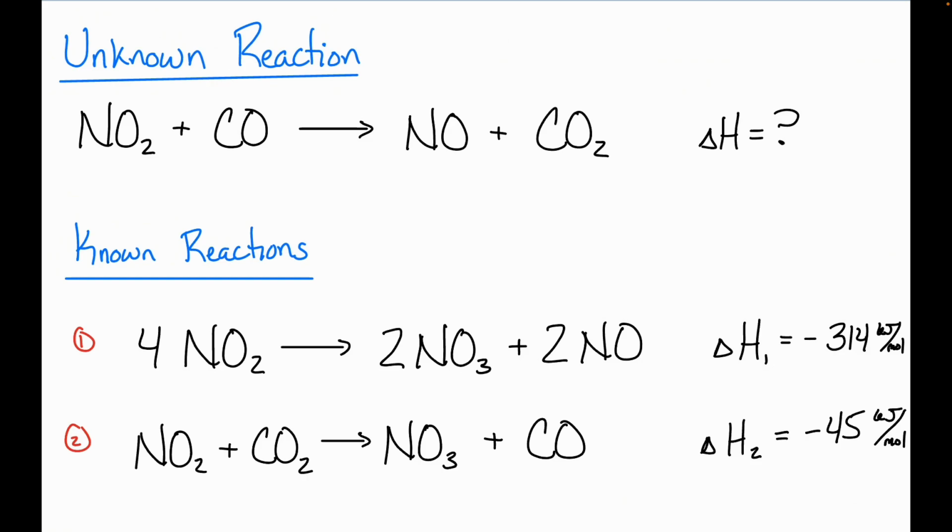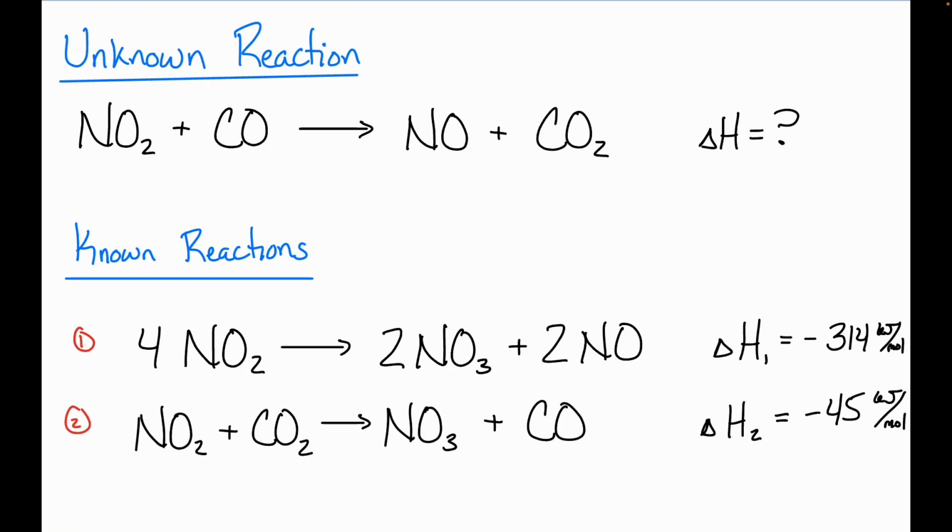All right, so looking at these two known reactions, I want you to figure out how these can be combined to create my unknown reaction up top, and then you'll use that same strategy to combine your enthalpies to get the enthalpy of our unknown reaction. Pay careful attention to what's on the reactant side and the product side of your unknown reaction, your desired reaction, and what's given.